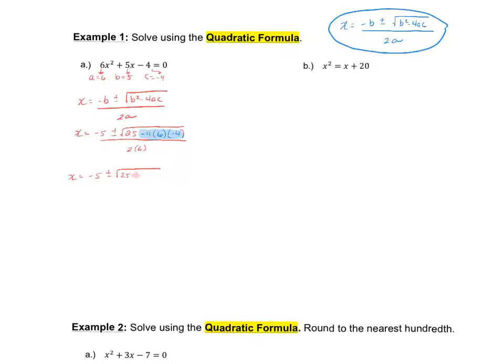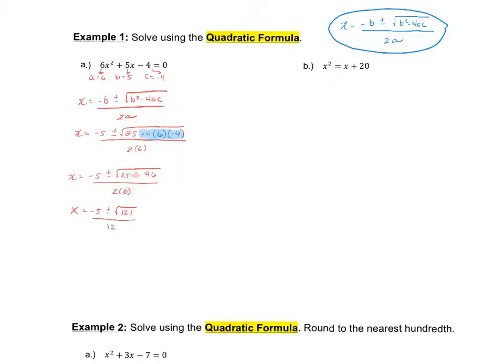And then I have 4 times 6, 4 times 4 is 16, 4 times 6 is 96. All over 2 times 6. So x equals negative 5 plus or minus the square root of 121 all over 12.